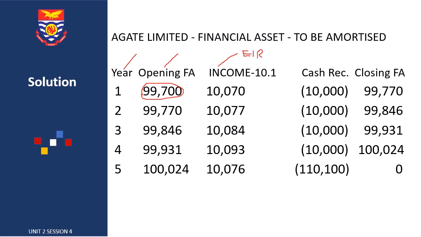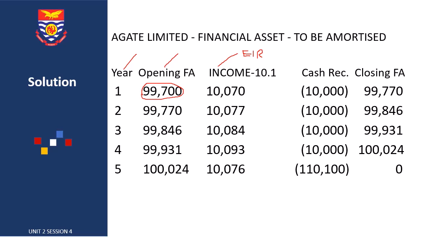Then you have the coupon amount. You either receive it or you pay it. In this case, you are receiving it because it's an asset for you.